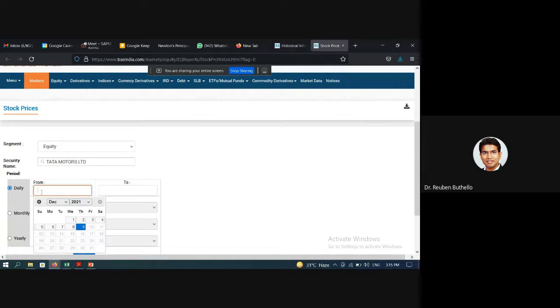from 1st of June. I can take 6 months data, I can take 3 months data, I can do anything I want. I can take up 3 months data, 6 months data, or 1 year's data.